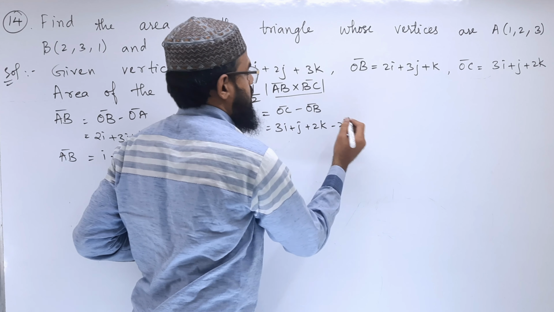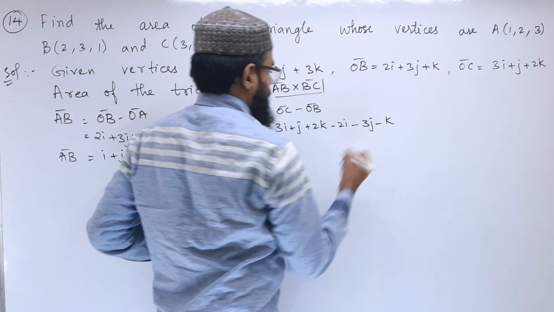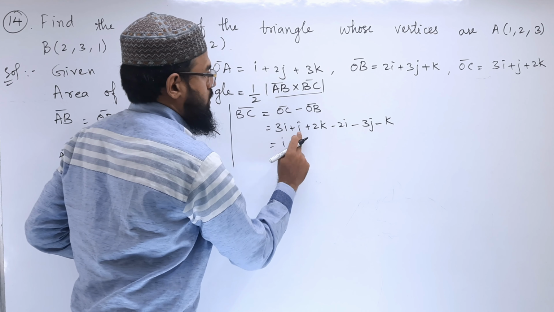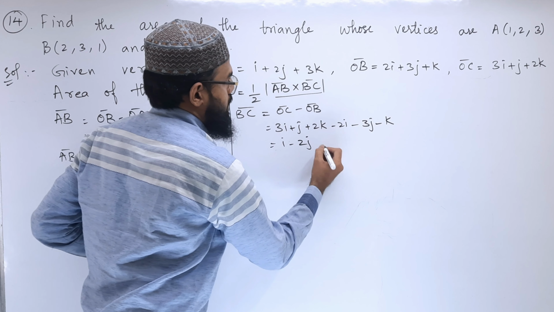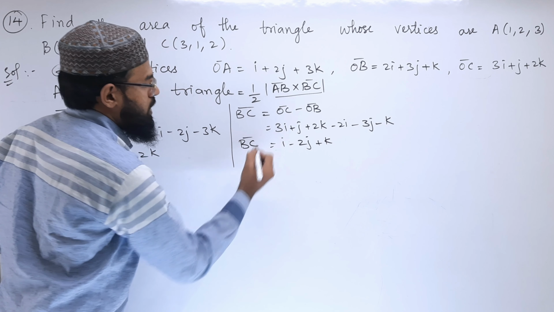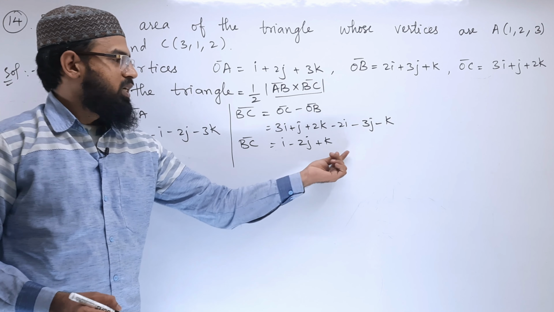Minus into plus is minus 3j. Minus into plus is minus k. So it will be 3i minus 2i is i. j minus 3j is minus 2j. 2k minus k is k. So BC is equal to i minus 2j plus k.